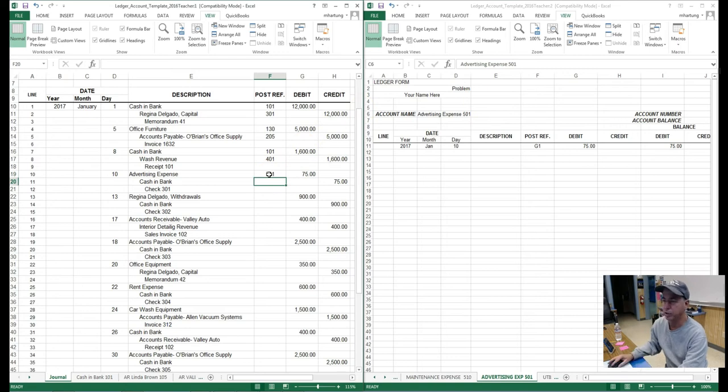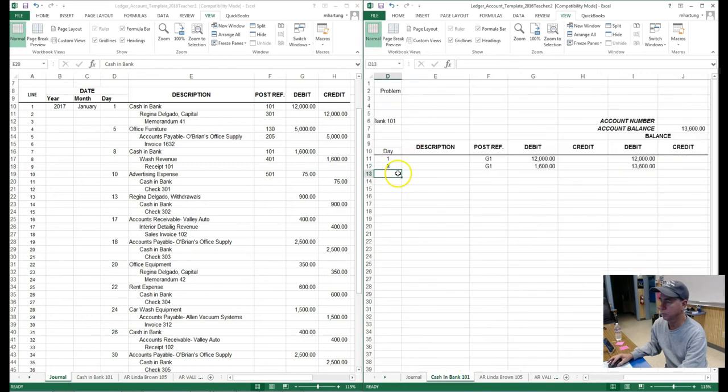Now we have another cash entry here on the 10th, but this time it's a credit. So we're going to be subtracting. Let's go over to cash. Our date is the 10th, journal page 1, but we have a credit of $75. Now you do not want to come over and do this. That would be wrong.